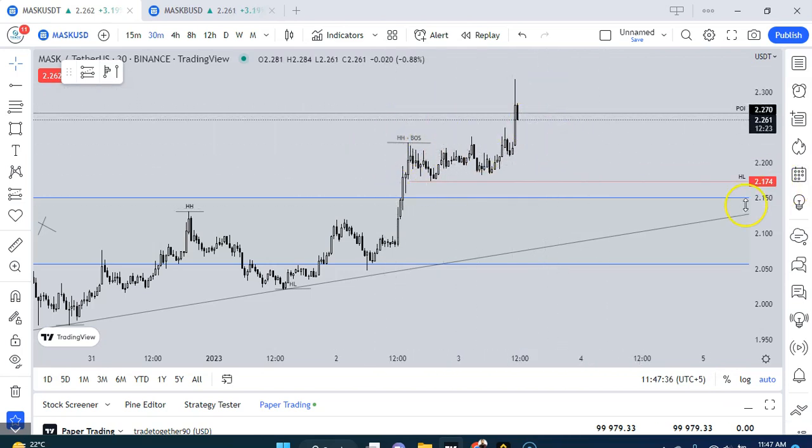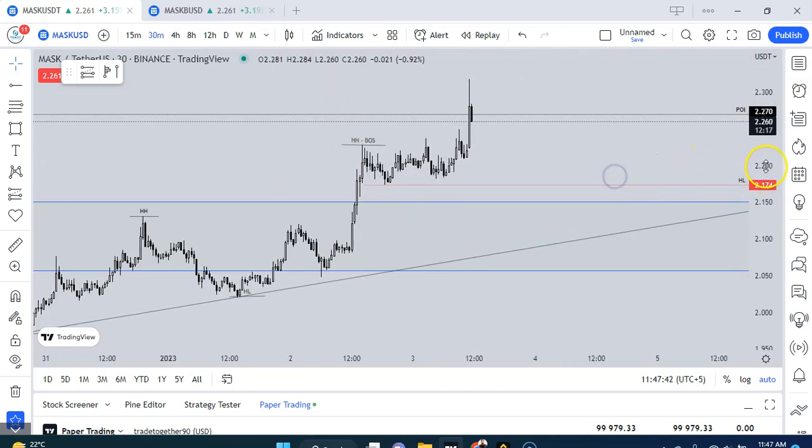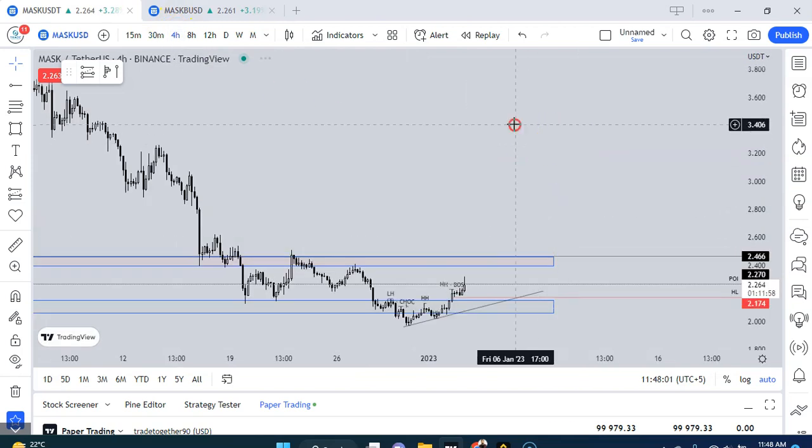And now what am I going to do if I have to take entries? I will wait for the retracement. And this will be my clear stop loss, because if price breaks this on the 30 minutes chart, my entire structure will become bearish. So for entry, I am going to go for 4 hours first.